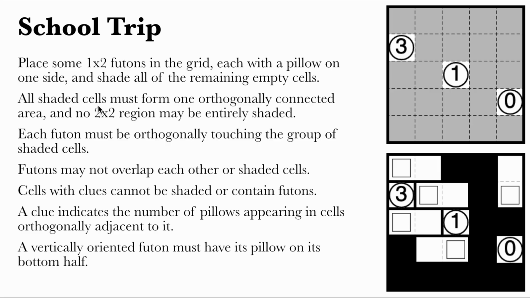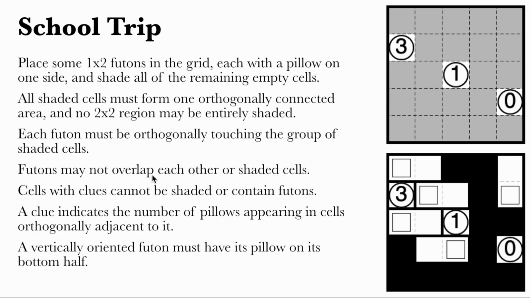All shaded cells must form one orthogonally connected area, and no 2x2 region may be entirely shaded. Orthogonally connected means that from any one shaded cell we could get to any other by going horizontally and vertically through that area. And each futon must be orthogonally touching the group of shaded cells. We can't have any of the dominoes that are completely isolated from the black area when we're done.